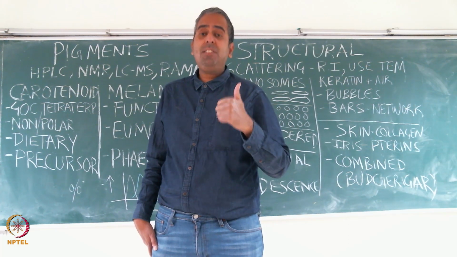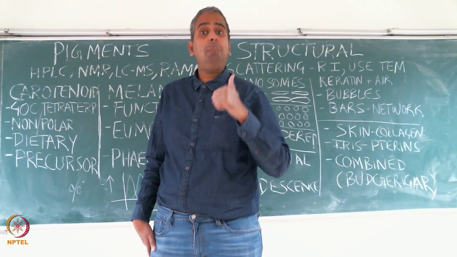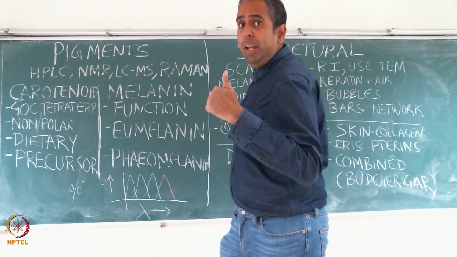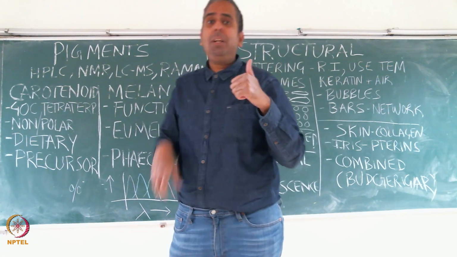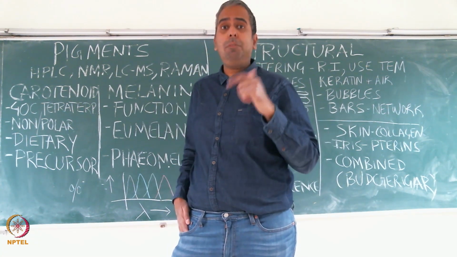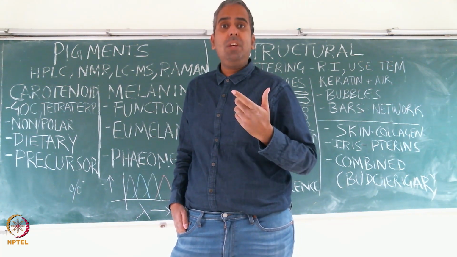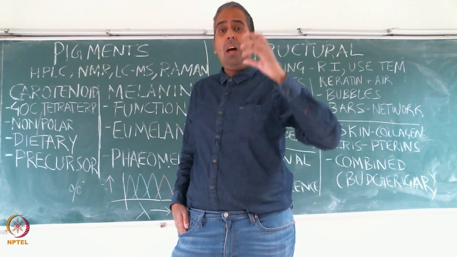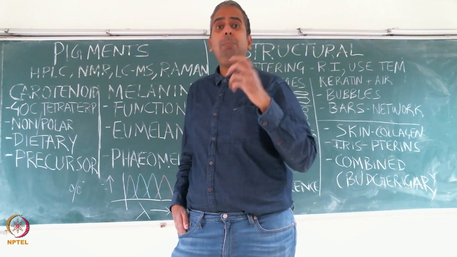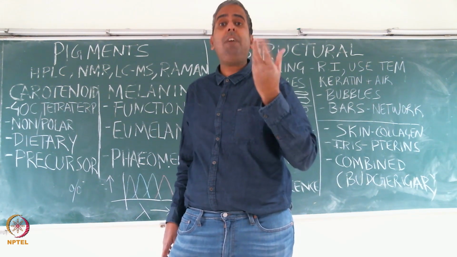In most birds, green is not formed by a pigment. I'll come to green in a minute. But green, in one group of birds, actually comes from a pigment. These are the African turacos. Okay? The turacos are one of the few birds that have a green pigment, and those pigments are porphyrins.